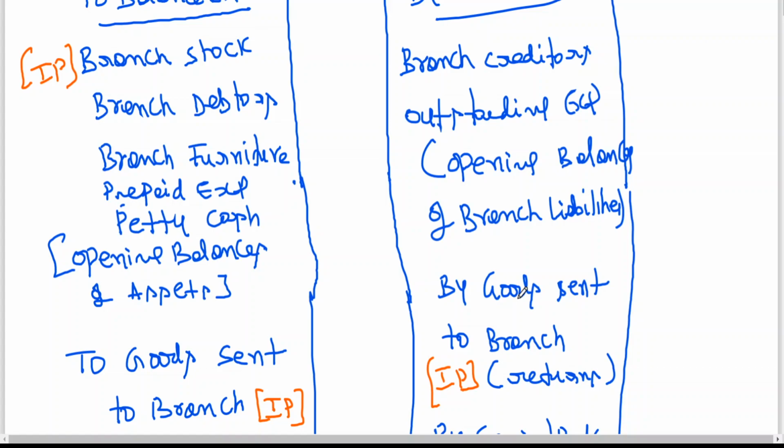Tenth one. When remittances are sent by the branch but not received by the head office.